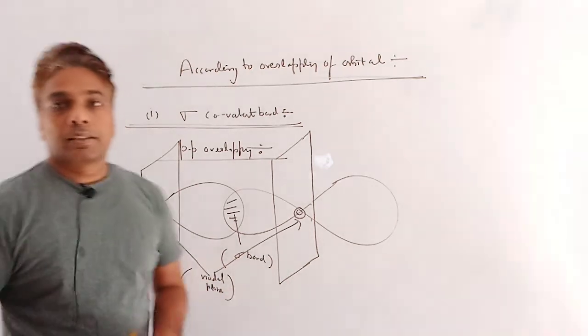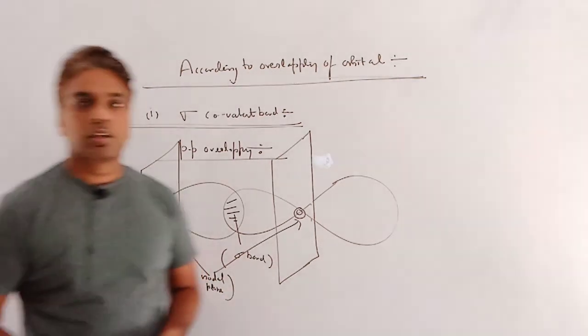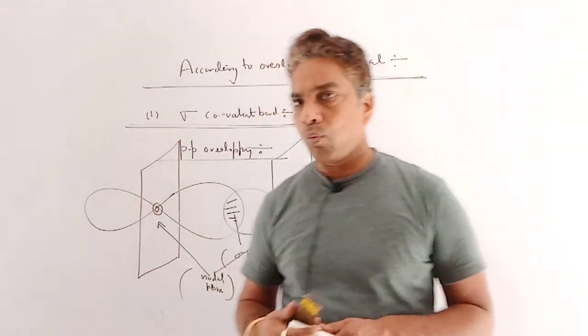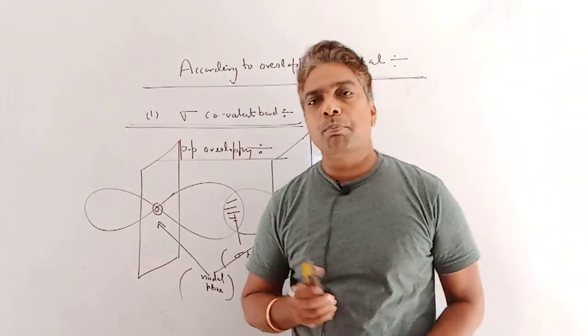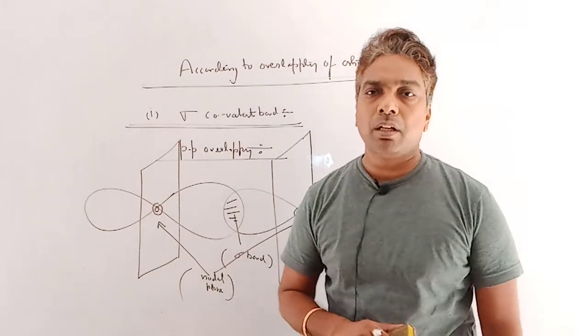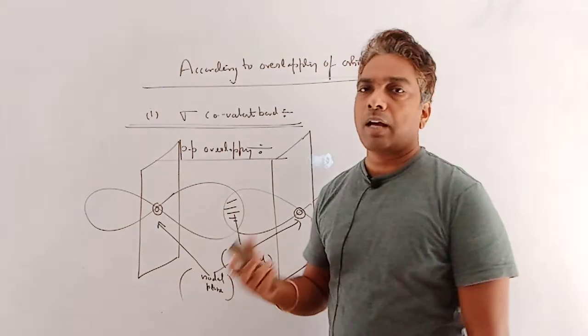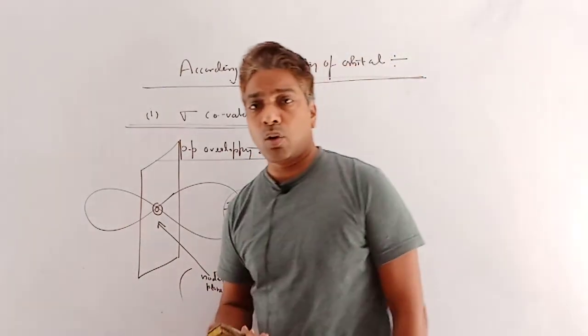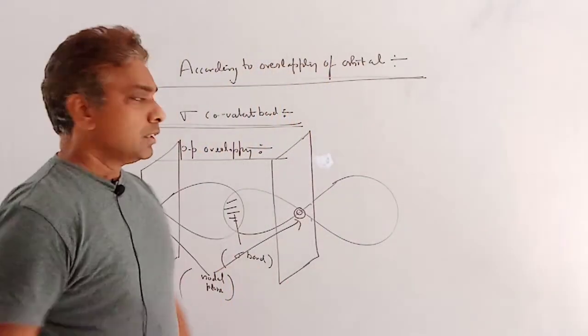So remember that in SS overlapping, no nodal plane is observed. In SP overlapping, one nodal plane is observed, which is perpendicular to the plane of overlapping, and in PP overlapping, we have two nodal planes, both perpendicular to the plane of overlapping.